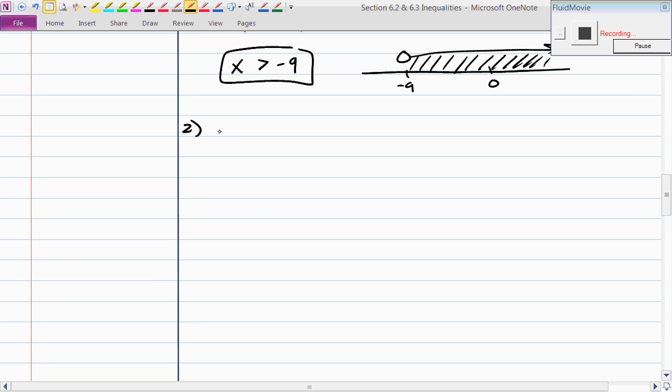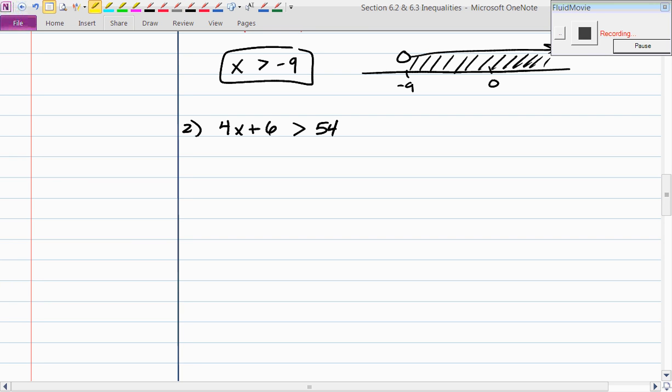Okay. Let's do this one. How about 4x plus 6 is greater than 54? Now same directions, we're going to solve and graph. This is a little bit different, isn't it? There's a couple of things we need to do, right? First, identify the variable.